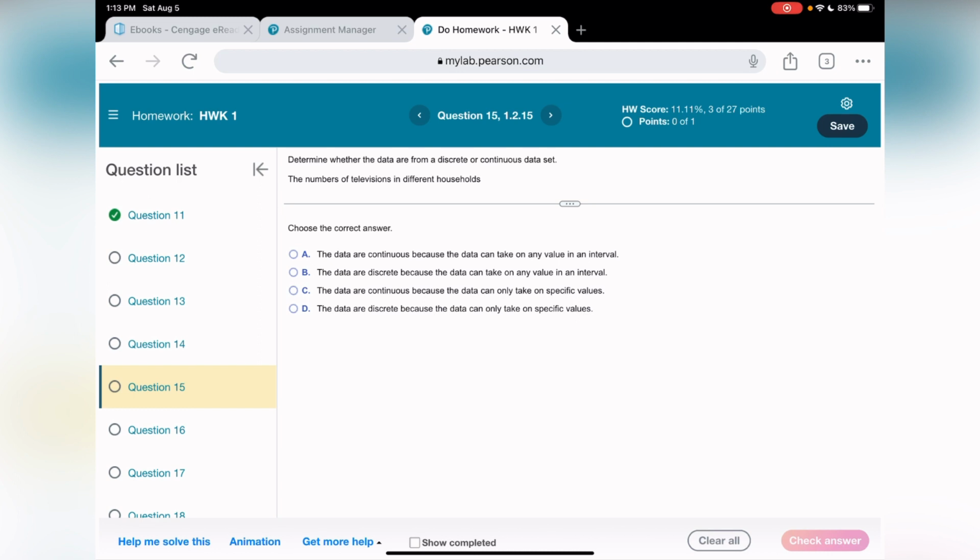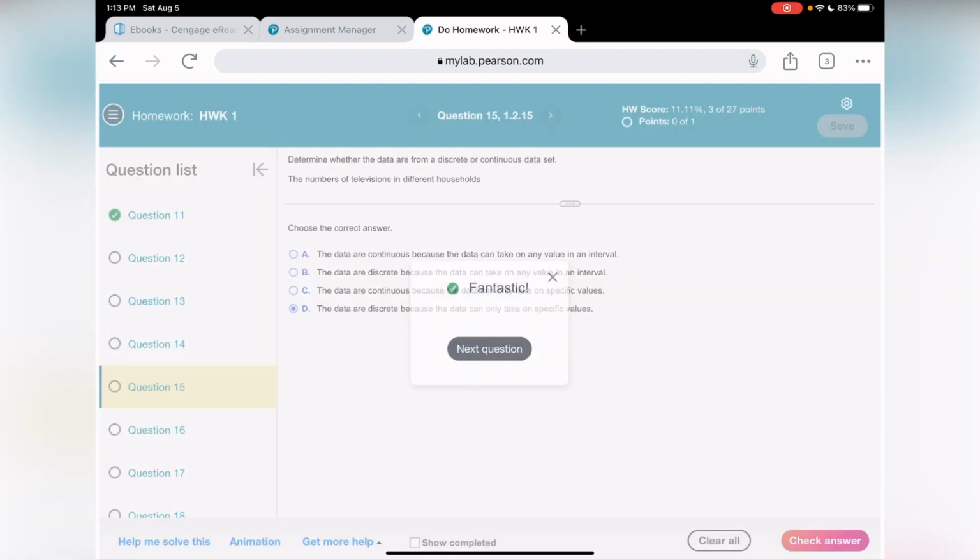I would say the number of televisions is going to be discrete, because the data can only take on specific values. Let me see, this one is discrete, and the other, B, says the data are discrete because the data can take on any value. No, that's continuous. So the answer is specific values. Fantastic. When it says any value, that means it's continuous. Okay?